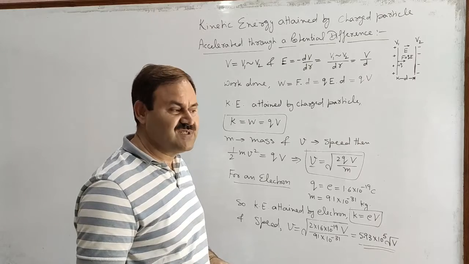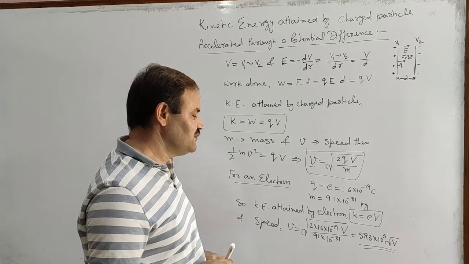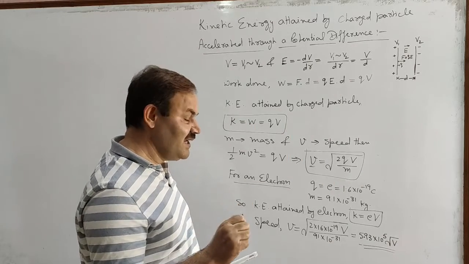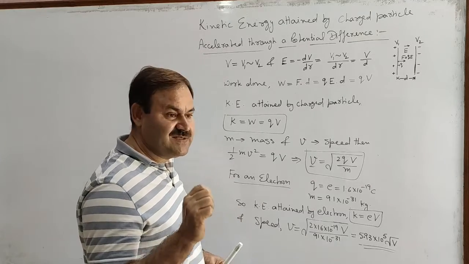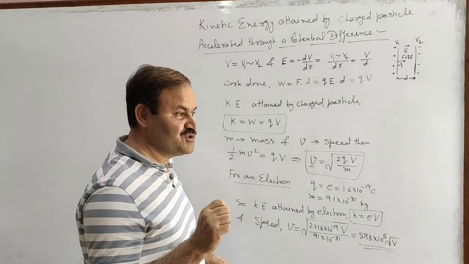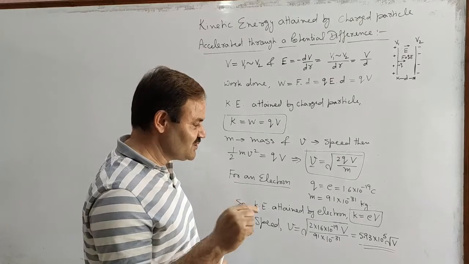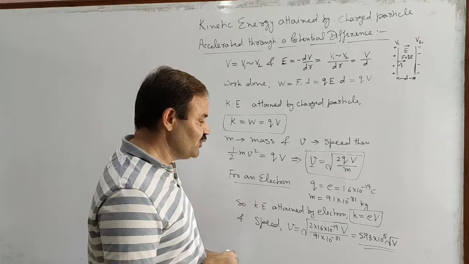Electron volt forms a new unit of energy, and 1 electron volt is defined as the energy gained or lost by an electron in crossing a potential difference of 1 volt.